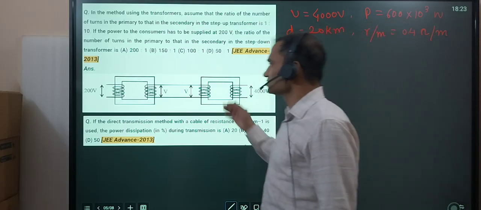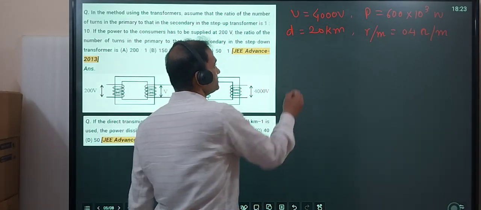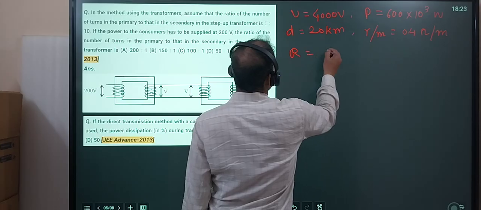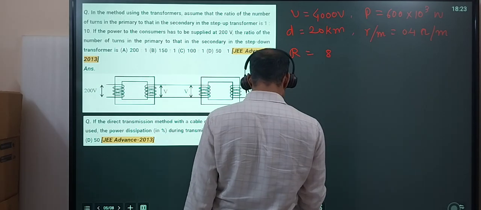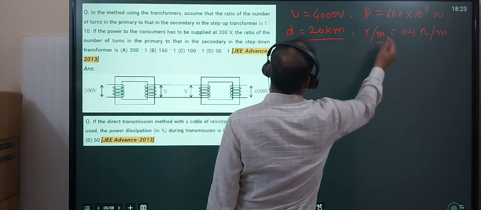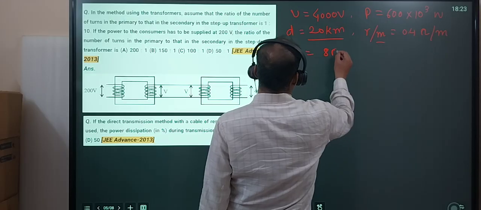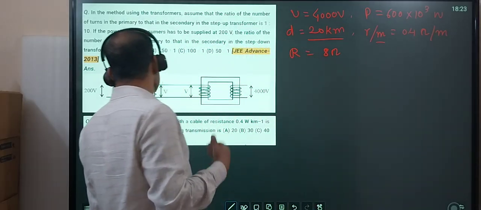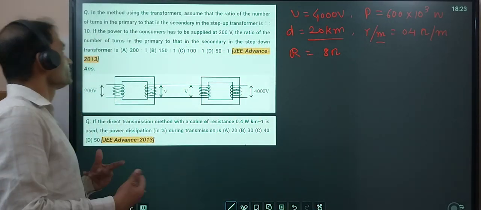So that means the total wire resistance is 8 ohm. You just multiply this. So 8 ohm. That is the information we were missing.